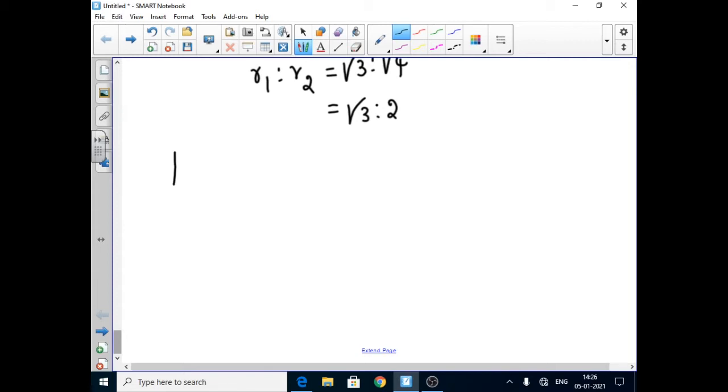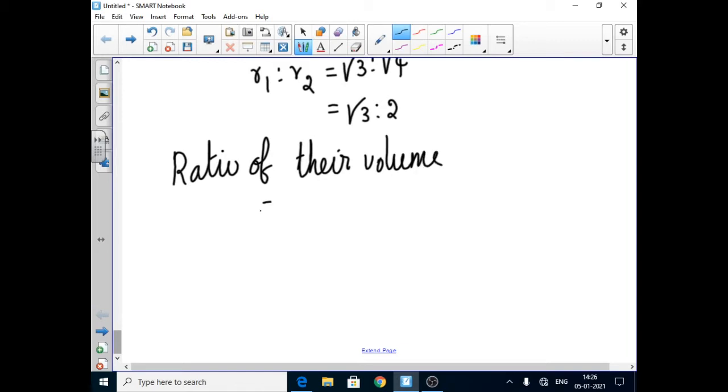Next, the ratio of their volumes. For this, as I already told you, we should write the formula for volume: 4 pi by 3 r1 cube is to 2 pi by 3 r2 cube.